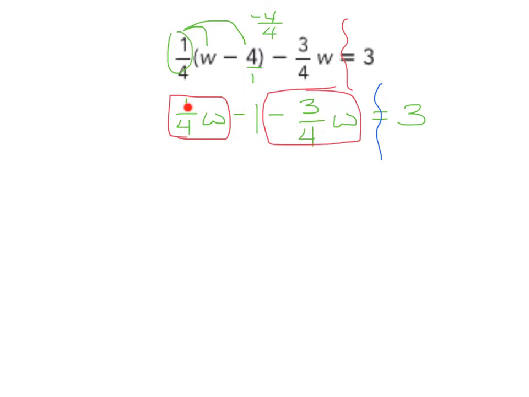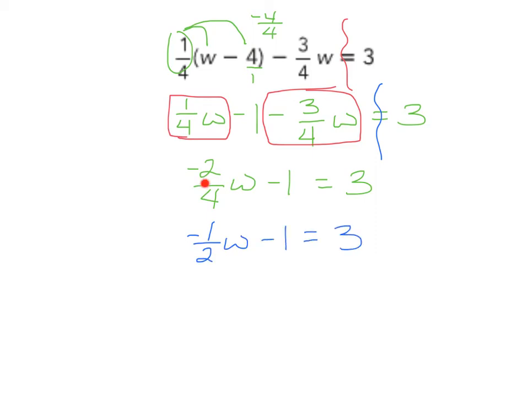So what is that? That's really just 1 minus 3, which is negative 2 over 4 w minus 1 equals 3. And negative 2 over 4 is really just negative 1 over 2 w minus 1 equals 3.